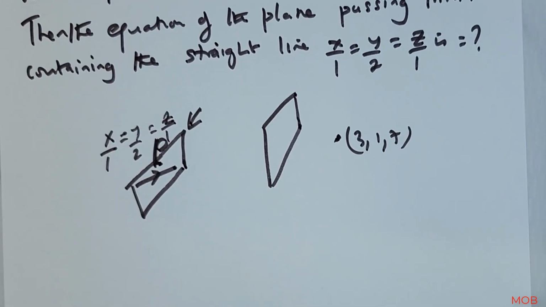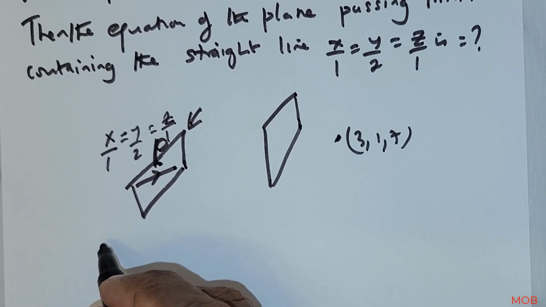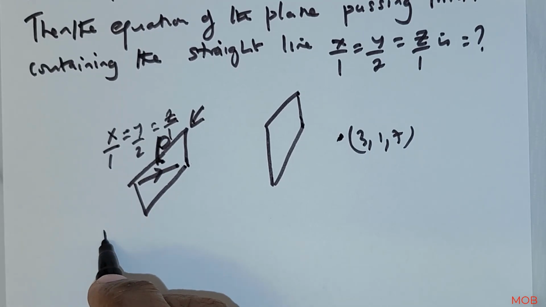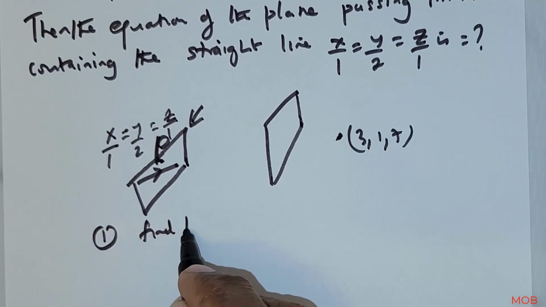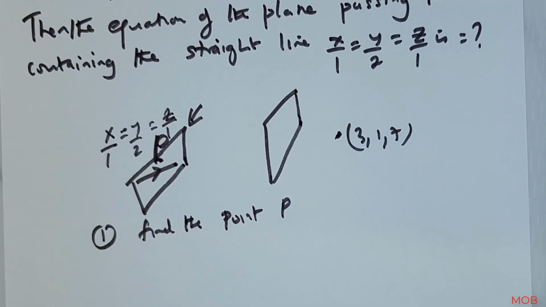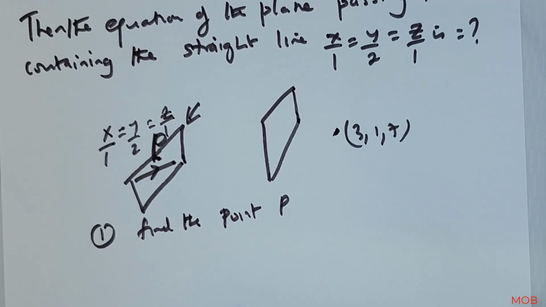So the line of action for us is, foremost, we have to find the point P. This is our first objective.